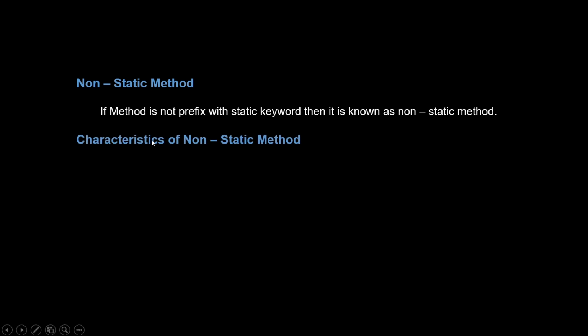Next is the characteristics of non-static methods. The first one is that non-static methods are accessed by using an object reference. Whatever method you create without the static keyword, you can access by using object creation. First create the object, and by using that object, you call that method.